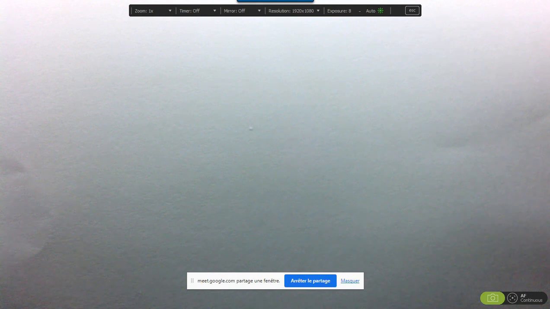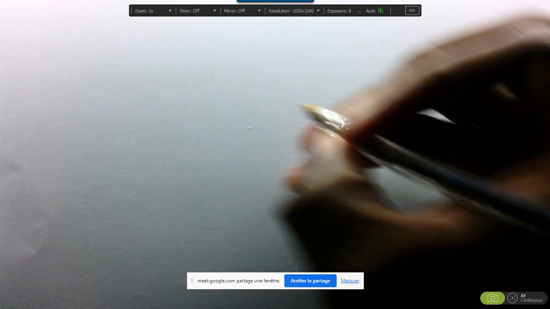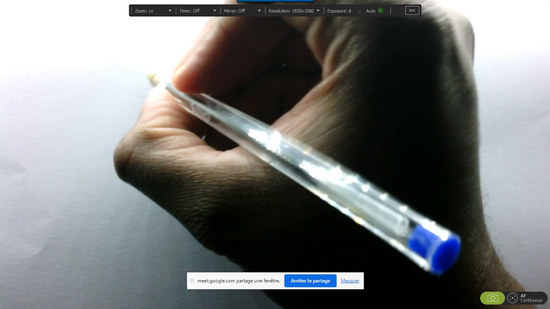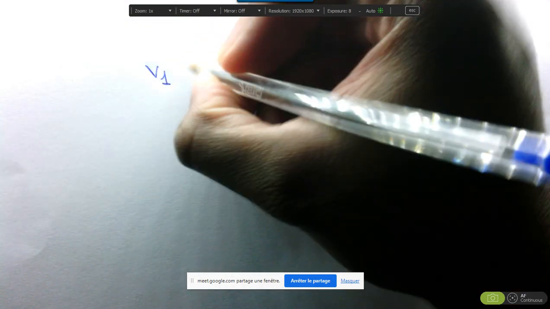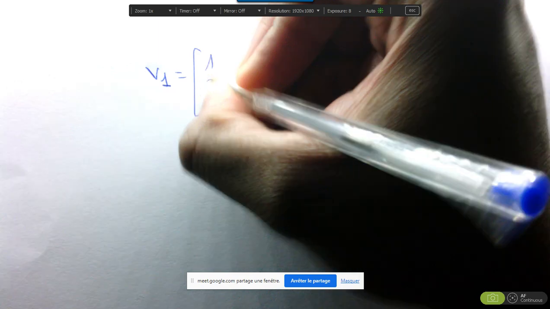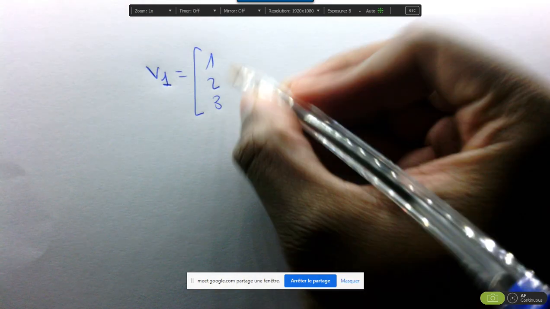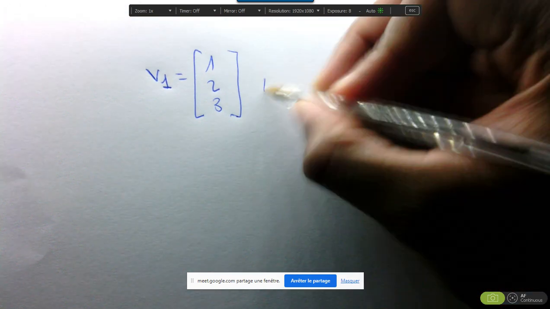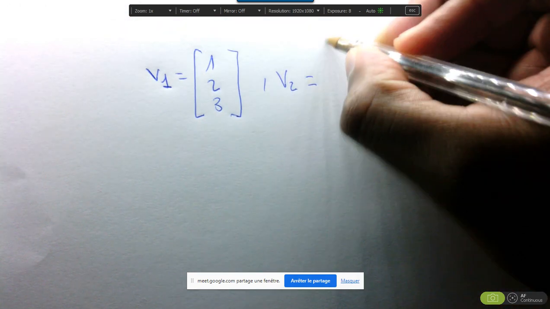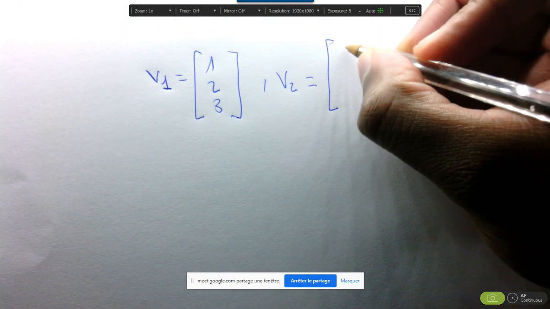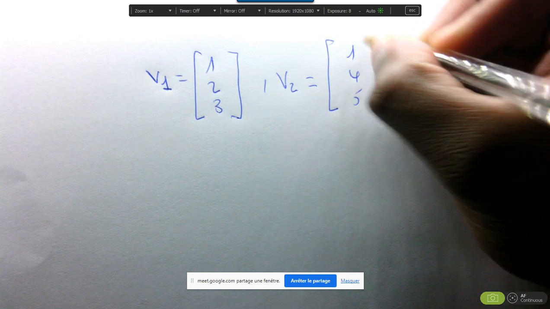Okay, so let me quickly review what we have done. We've seen that if I have two vectors, let's say v1 with coordinates 1, 2, and 3, and another vector v2 with coordinates 2, 1, 4, and 5, for example.